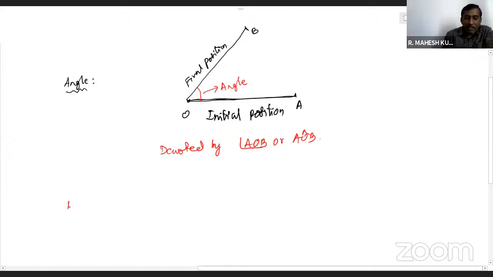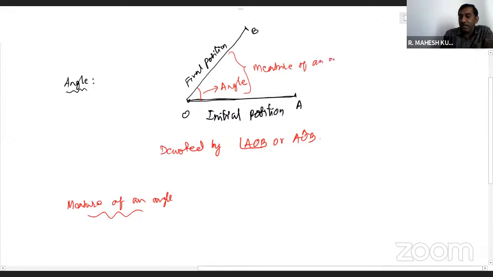So measure of an angle ಅಂತಂದ್ರೆ, you are familiar with this. Measure of an angle ಅಂದ್ರೆ ಏನಪ್ಪಾ ಅಂತಂದ್ರೆ, ನೋಡಿ ಈಗ, this line is moving from OA to OB, whatever the amount it moves, this is called the measure of an angle, right?